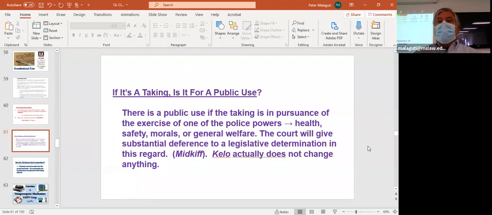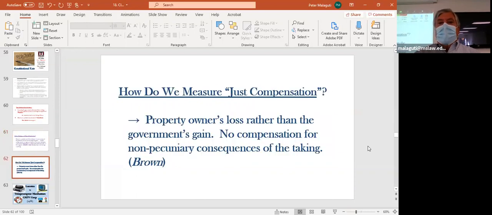One final thing we're going to look at is two more things. If it's a taking, is it for public use? How do you determine if it's for public use? Got a couple of interesting cases. The Hawaii Housing Authority versus Midkiff case and the Kelo case deal with this. And what we're going to see is that as long as the government says it's a public use, it's a public use. And then finally, how do you measure compensation?